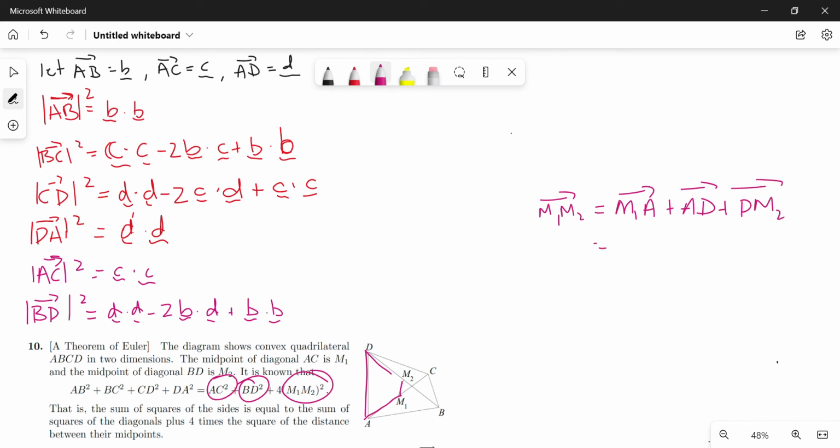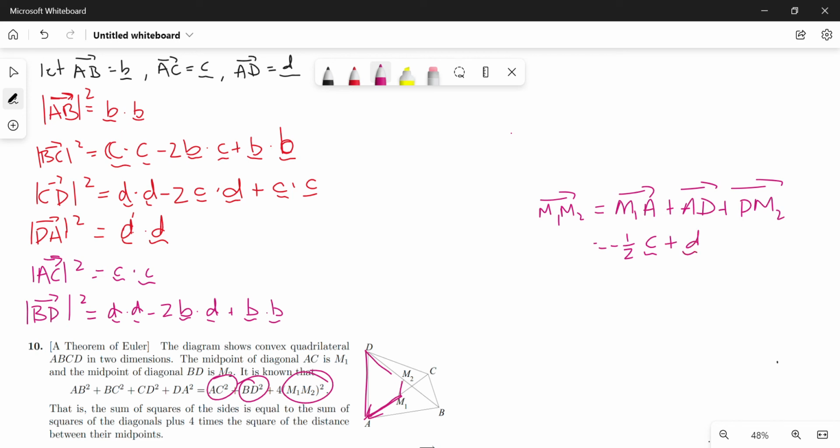Now, M1 to A, we know that's half of the negative of AC. AC was C, but we want the negative, and we only want to go half. So half of negative C, I'm fairly sure. And then AD is just D, so that's a nice easy one.